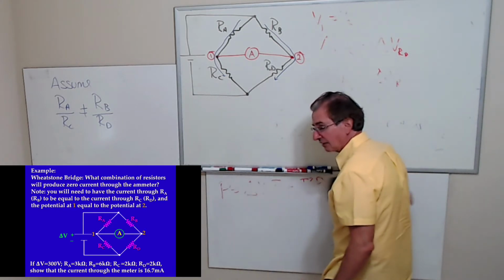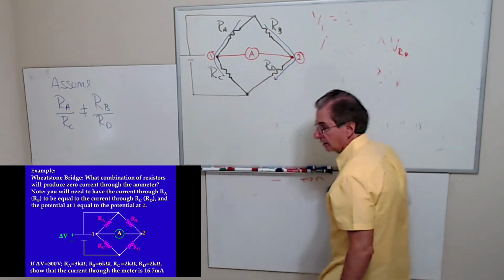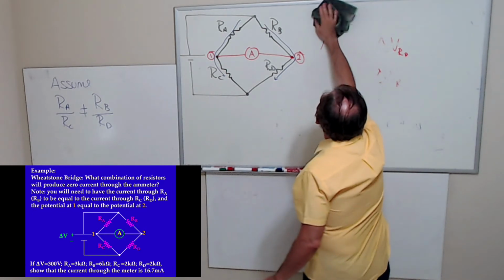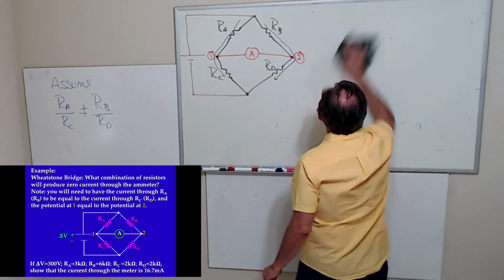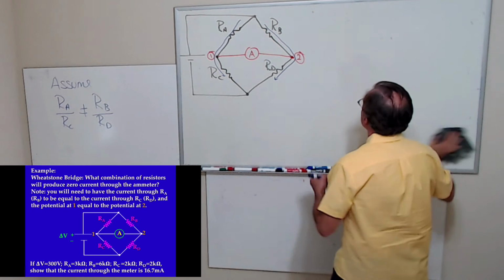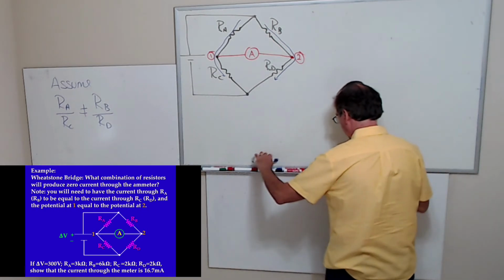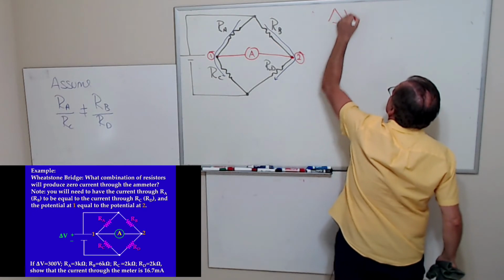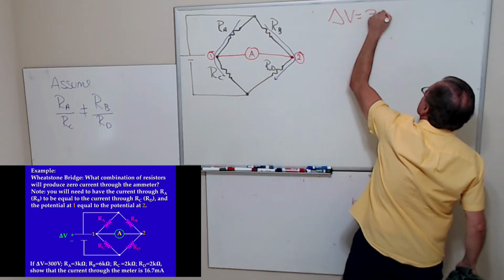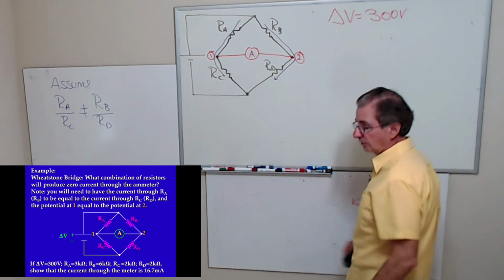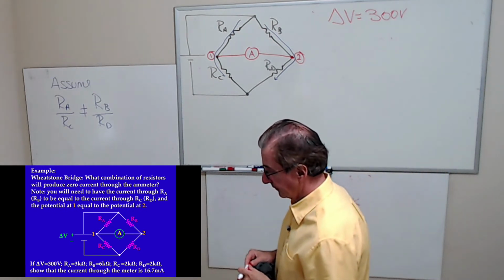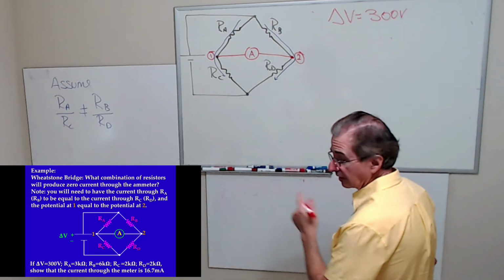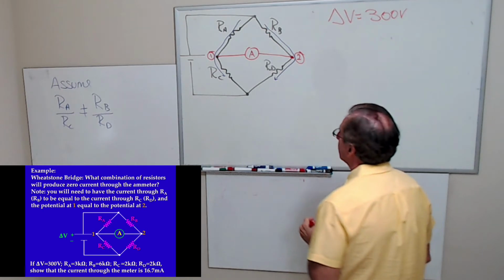So let me put some values in. Let's set the power supply voltage, I'll use red, to be 300 volts. And let's set R sub A to be 3 kilo ohms.